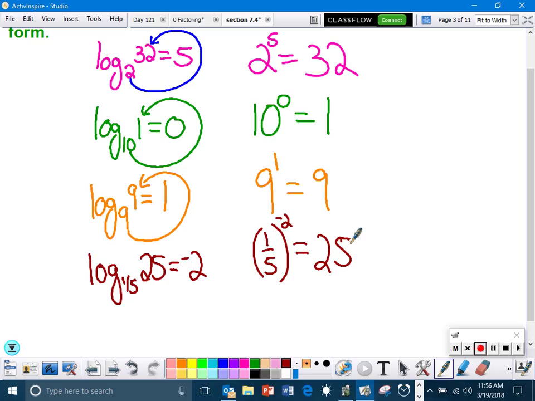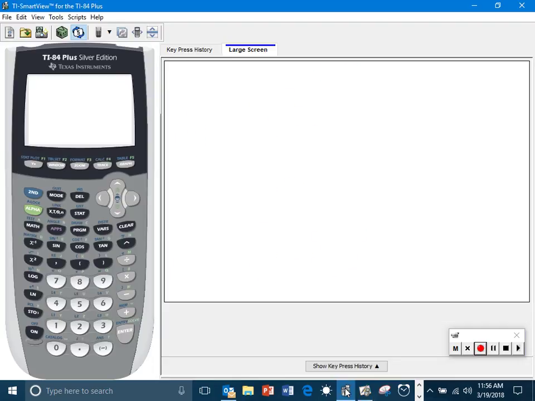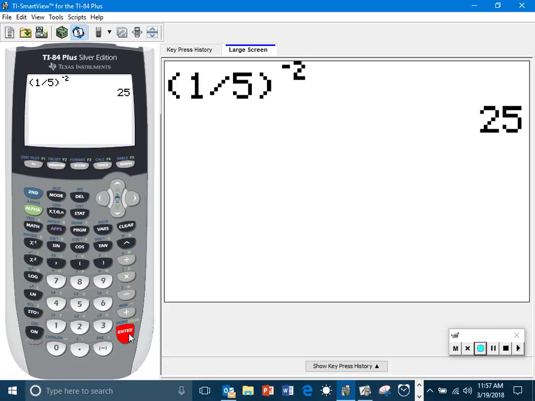And if you don't believe it, go to your calculator and I can type this in. 1/5 to the negative 2 power, and it is 25. Remember the saying, cross the line, change the sign.